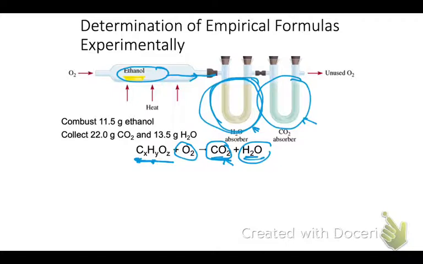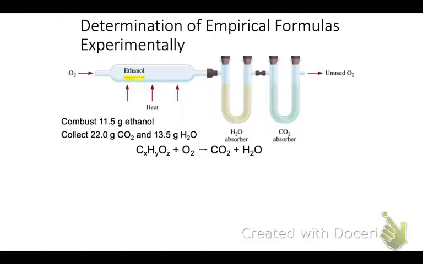So using stoichiometry, I will retrace the carbon and the hydrogen, and then use the math to get information about oxygen. Let me show you how I will start working on this question.